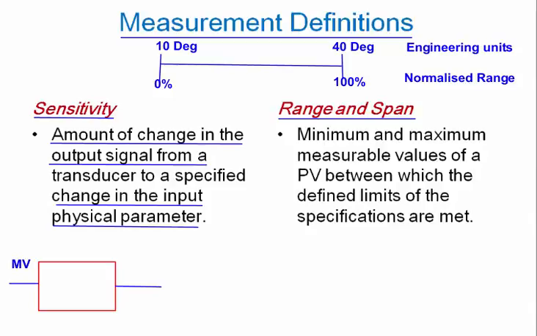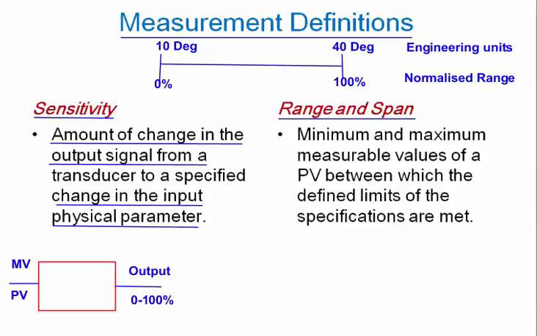Sometimes we talk about a process variable, PV, and we talk about the instrument output, and that is in the range 0 to 100%. That could typically be a 4 to 20 milliamp signal, or it could be described by other means. So we've got a lot more to think about here.